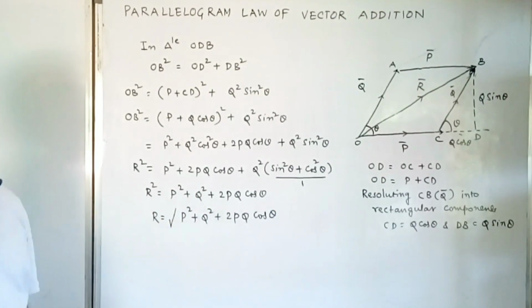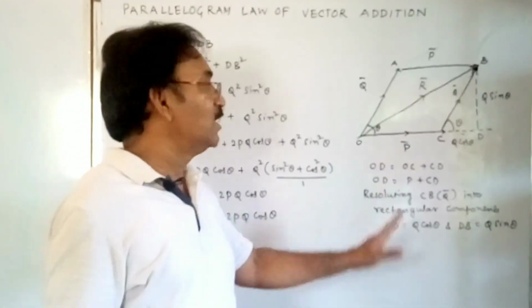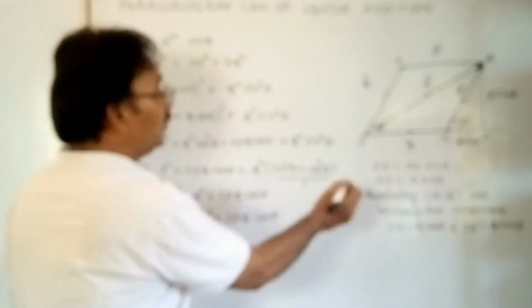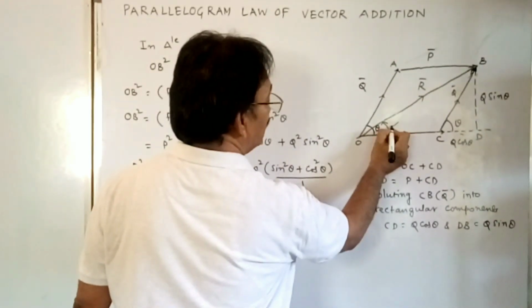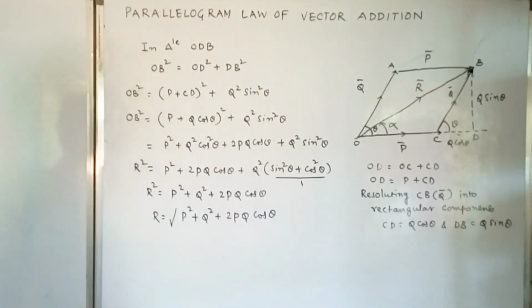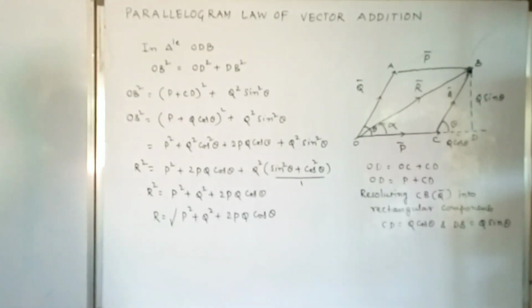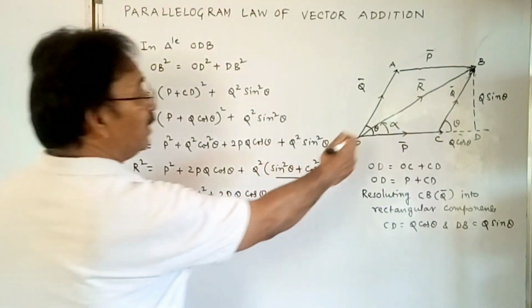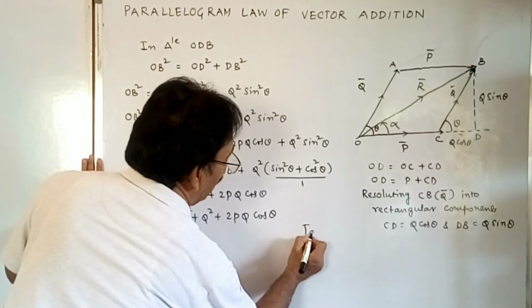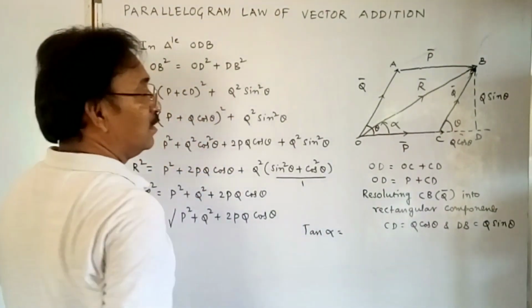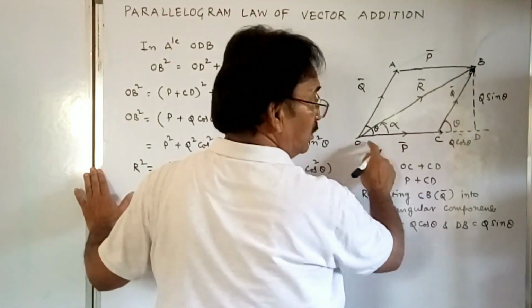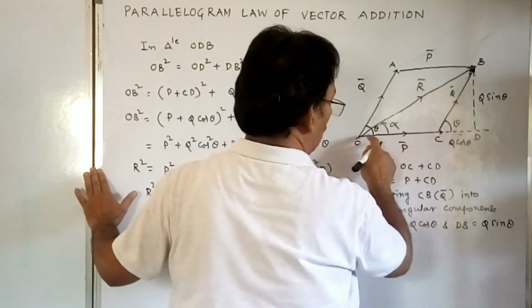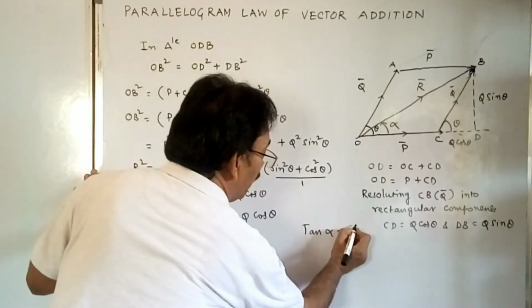By using this relation, you can find out the resultant of the two vectors when they are inclined at a certain angle. Then we will find the angle between the first vector and the resultant. Let's say it is alpha. We have to find out the alpha. That means I am taking the tangent. Tan alpha can be written as, tan is what? Opposite by adjacent. I am writing the value of the opposite.